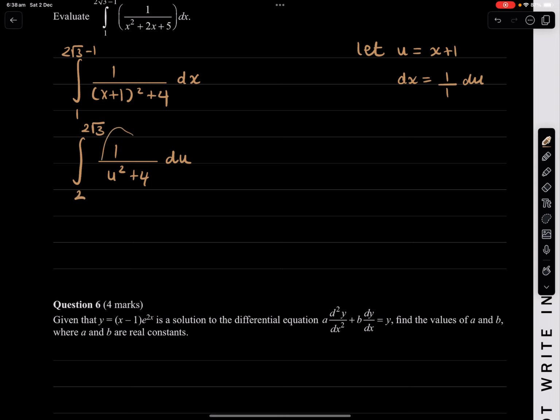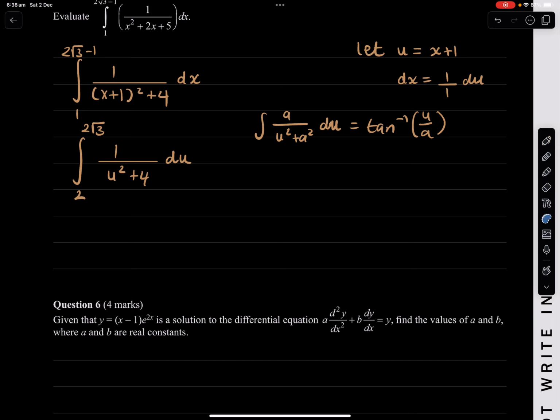Now, if you have a look at this, doesn't this look familiar? When we're integrating something that looks like a over u squared plus a squared du, it is equal to tan inverse of u over a. This should be in your formula.